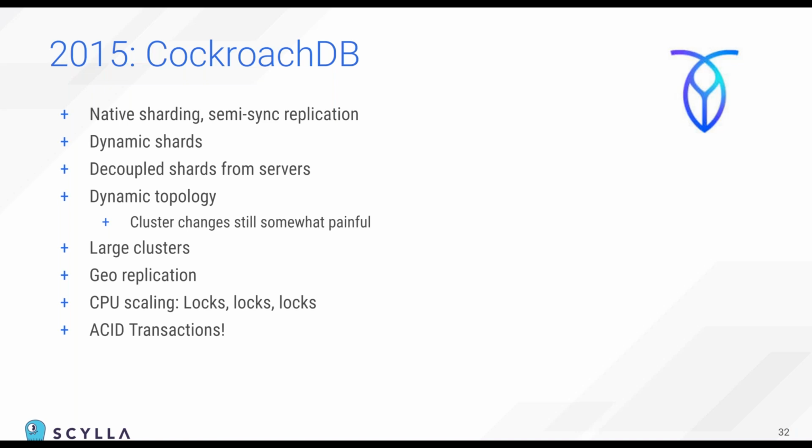But the cluster changes are still somewhat painful because you need to copy data in a certain way, and because CockroachDB provides ACID guarantees, it needs to maintain certain, let's call it, invariants over the replicas. Basically it needs to make sure that all replicas are up to date.